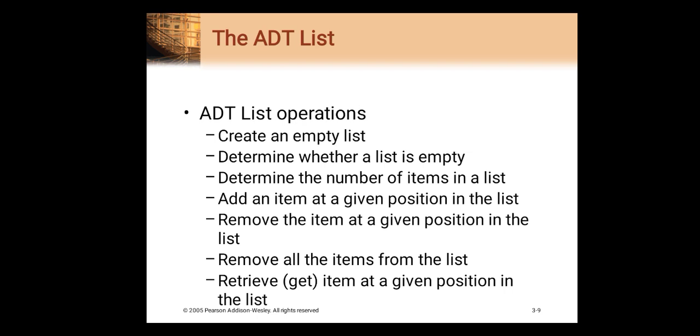This is one type of operation, checking whether my list is totally empty or contains some items. The next operation is searching: we can search for particular data in the given list. Then we can perform the sorting operation, that means we can sort our data in a particular manner, either ascending or descending.